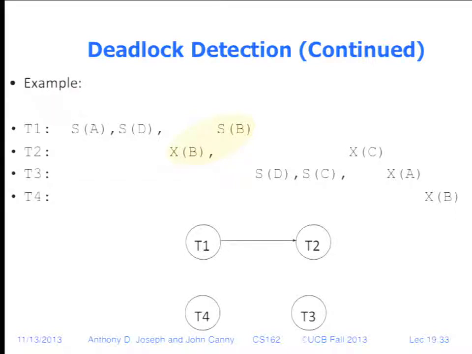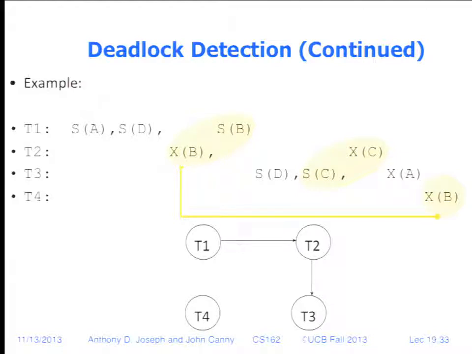Now what's another object that's being shared? So what about C? Yeah, so T3 should get it first. So T2 should wait for T3. Oops, sorry, I went too fast. So T4 is trying to acquire B, but T2 already has it.